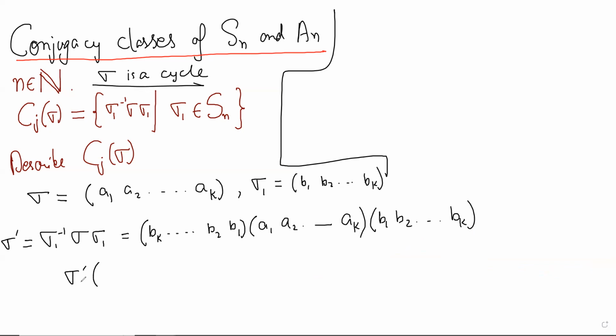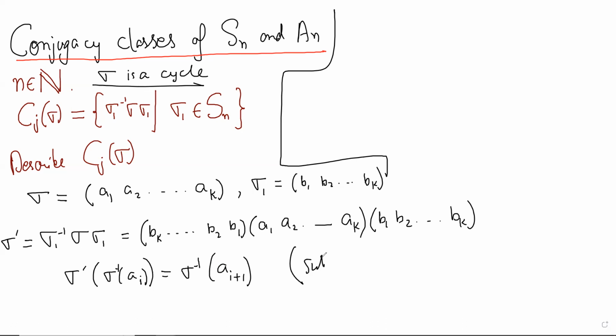We are just learning that sigma prime of sigma inverse of ai is equal to sigma inverse of ai plus 1. And of course, this i plus 1, this subscript, is taken modulo k, because ak plus 1 is interpreted as 1. That's all I'm saying, right?